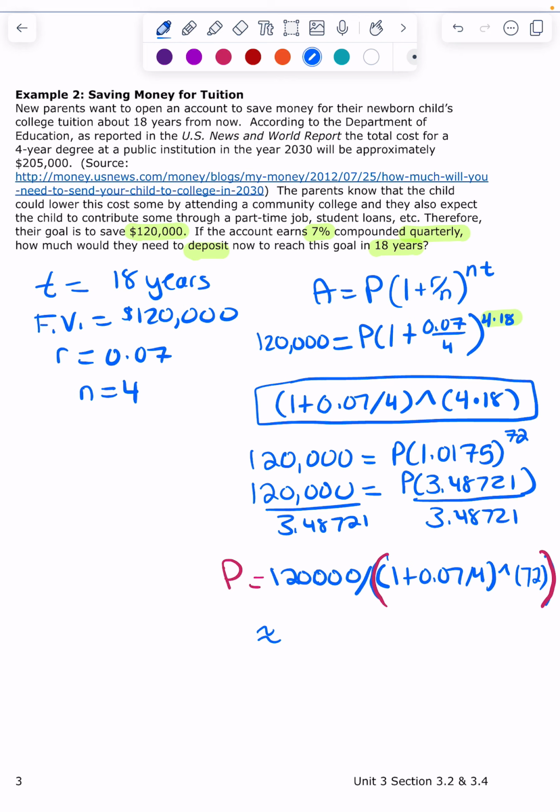Divided by 4 first and then close it. And then that's raised to the 72 power, and then I close all the parentheses. So now it's okay to round because we're at our final answer. So we usually round money to 2 decimal places.